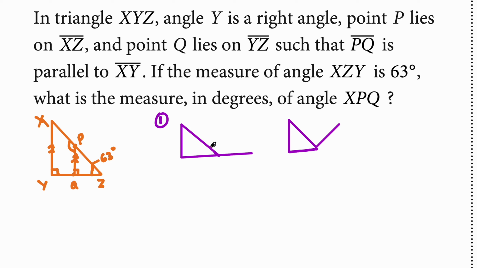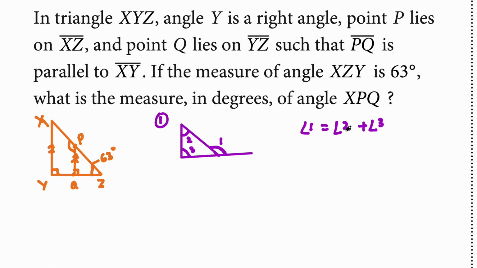Then this exterior angle, which is formed by extending the line, is equal to the sum of the interior opposite angles, right? So if this is angle 1 and this is angle 2 and this is angle 3, then the exterior angle property says that angle 1 is equal to angle 2 plus angle 3.